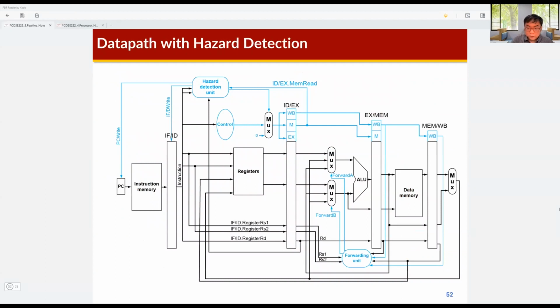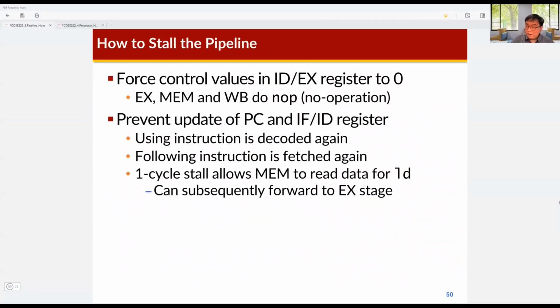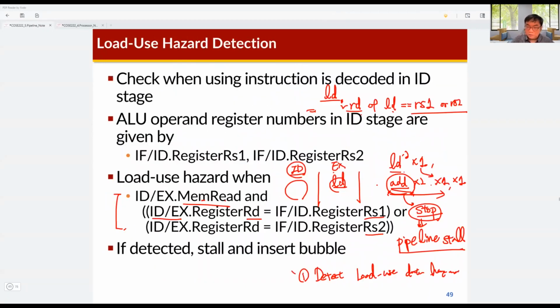I planned to complete the pipeline stall in this class as well, but I think I need to stop here. I will continue the pipeline stall in the next class.